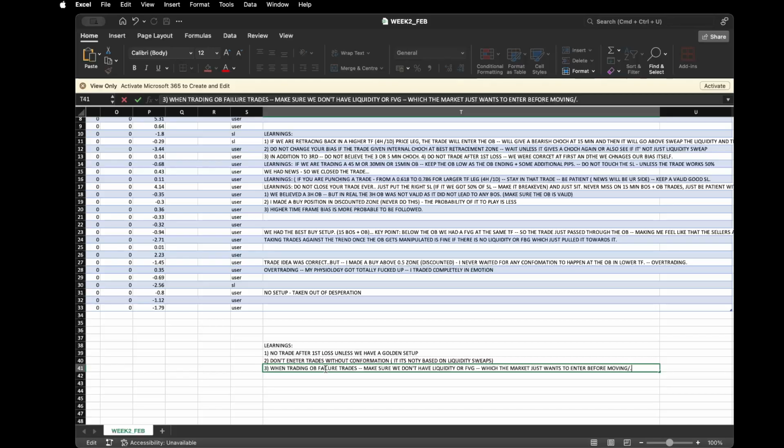So this is the point to be kept in mind. If you are trading failure of order blocks, then there should be no FVG or liquidity below it.